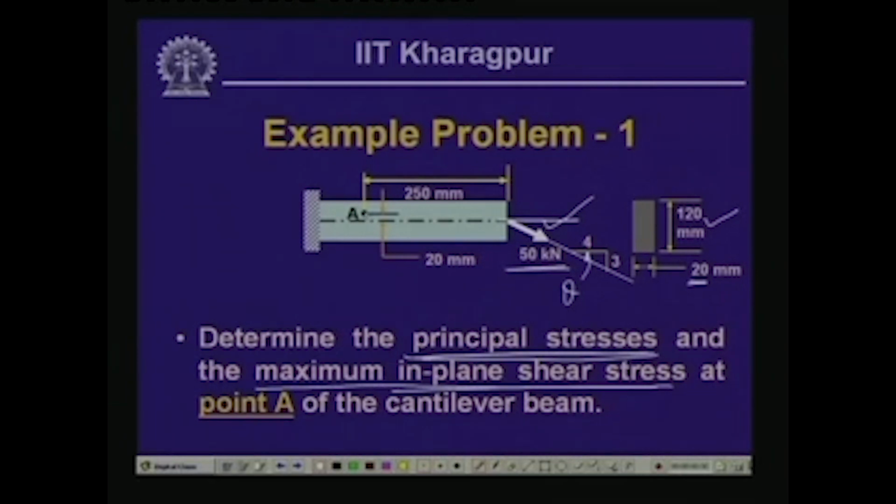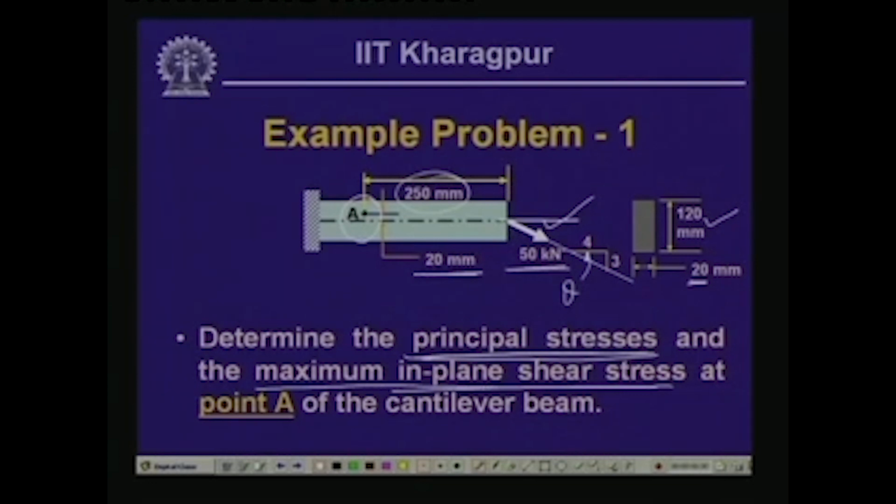Now, point A, as you can see, is 20 millimeter away from the neutral axis of the beam, and at a distance of 250 millimeter from the edge of the cantilever beam. So, we will have to compute the value of the principal stresses here and the value of the in plane shear stress.